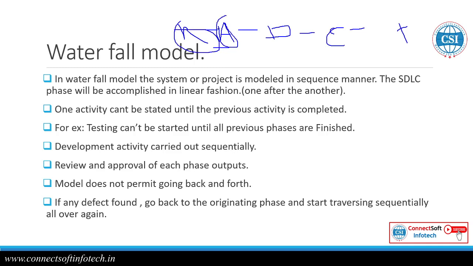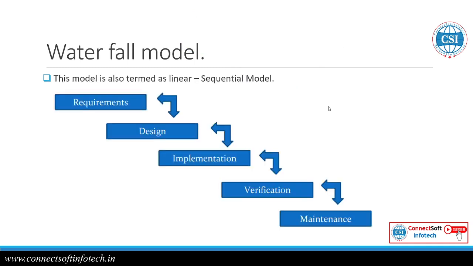We can't start analysis without completion of requirements. We can't go for designing without completing the analysis. Once we complete the analysis, then we go for designing. Once we complete the designing phase, then we go for testing. As we have the requirement analysis, we can't go directly to coding. So it's a linear fashion.